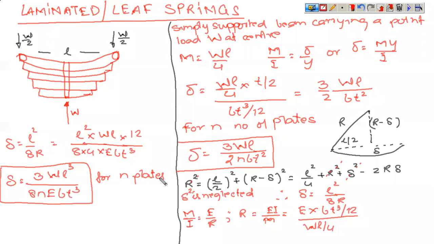This is for n number of plates. We have delta is equal to 3WL cube by 8nEbt cube. So this is the derivation for bending stresses and deflection for a semi-elliptic laminated leaf spring.